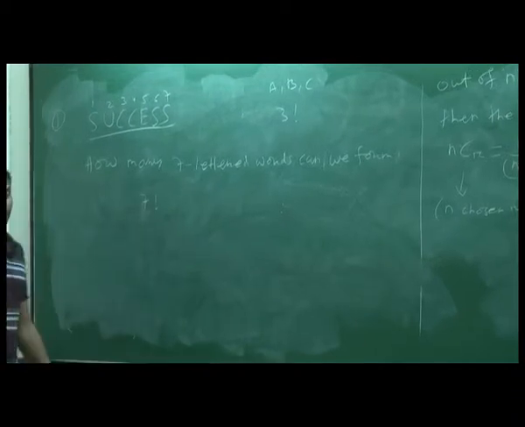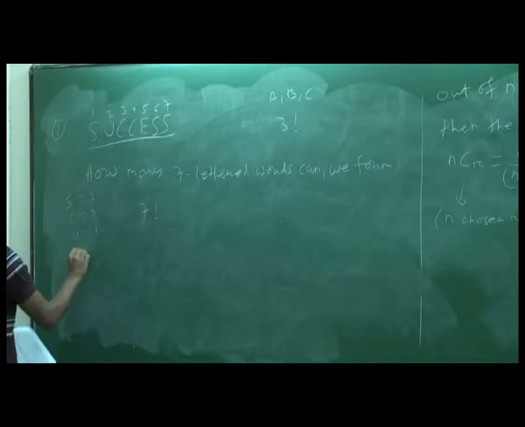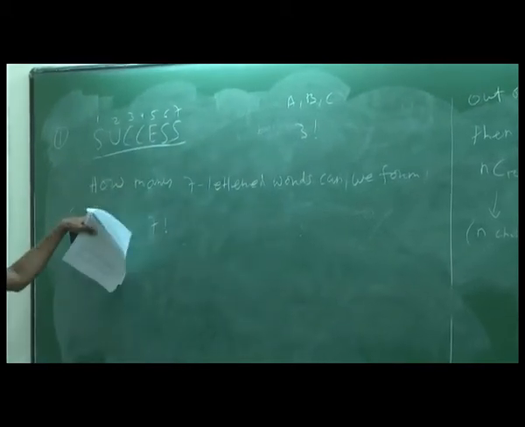But the number of S is 3, C is 2, U is 1, E is 1. Distinct ones we don't worry about. So how many extra ways? 3 factorial into 2 factorial.